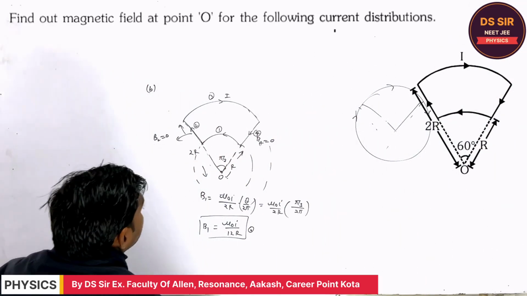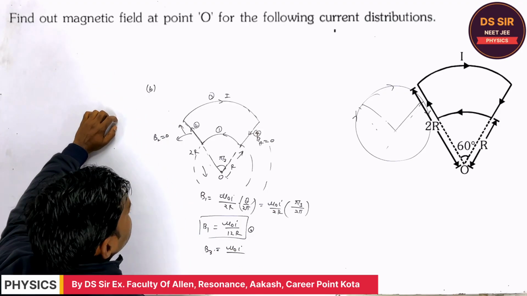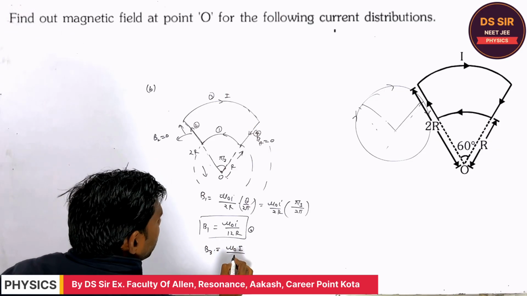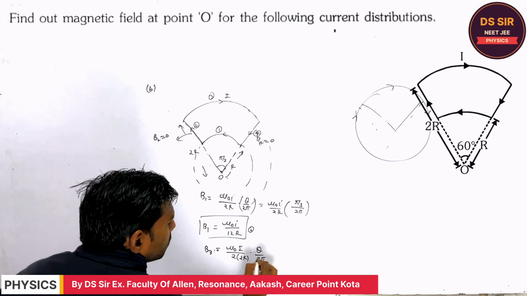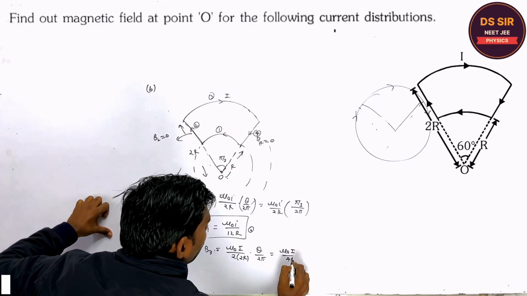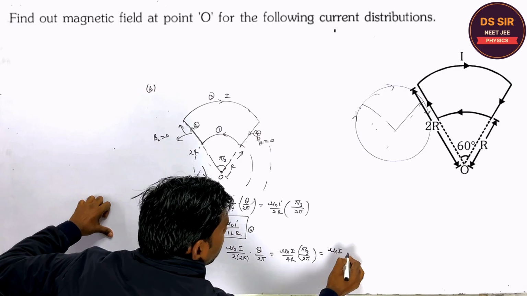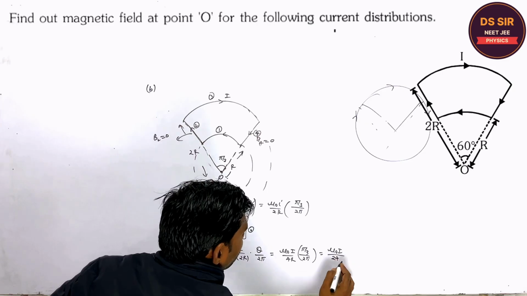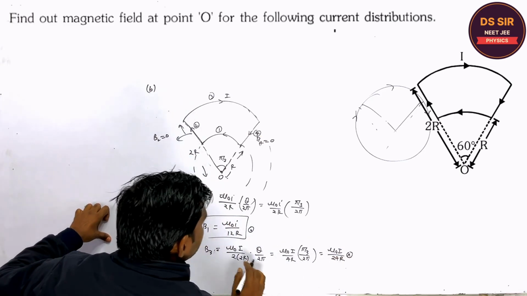So B3 is mu naught I upon 2r times theta upon 2 pi, so this is equal to mu naught I upon 4r times pi by 3 upon 2 pi, which is mu naught I upon 24r. Is it clear or not? Yes. So this is into the plane, this is out of the plane.